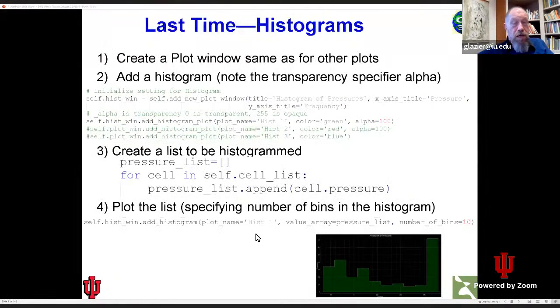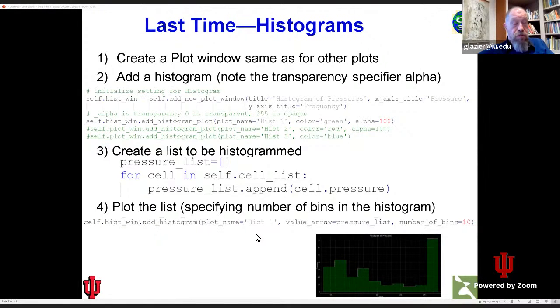We also talked last time about plotting histograms. Histograms can be quite useful. We're more likely to be plotting time series because those are the things that we often respond to visually, but histograms also, if you're doing evolution, you care about distributions of characteristics of your organisms, and so histograms will be important.